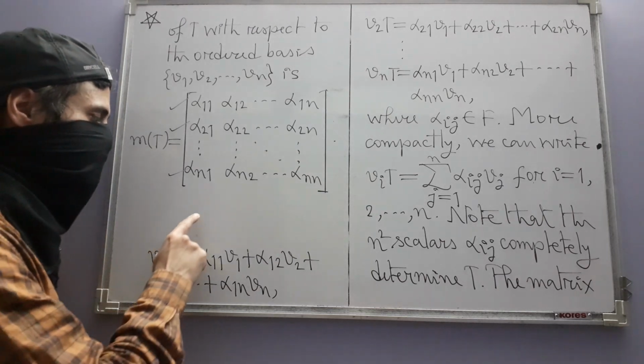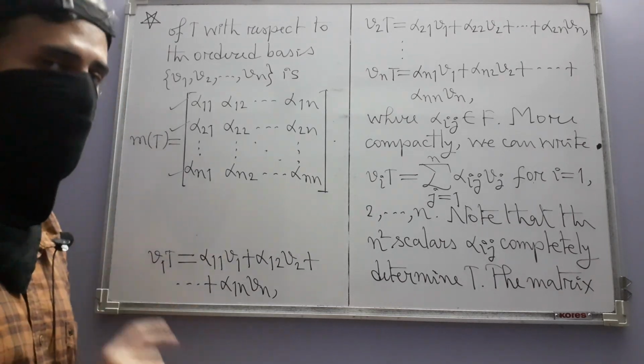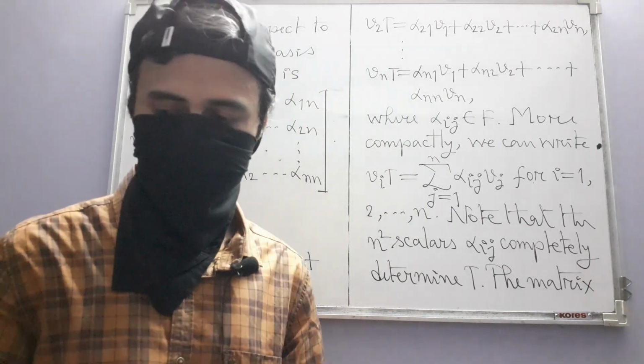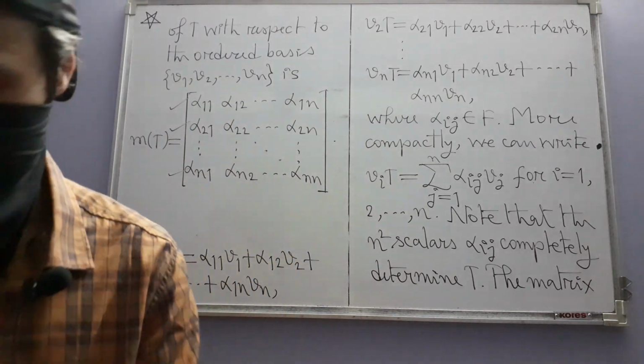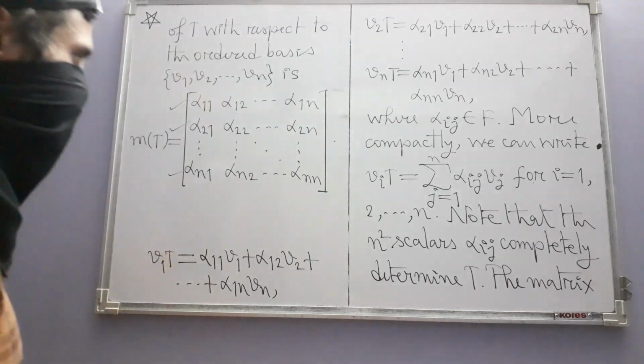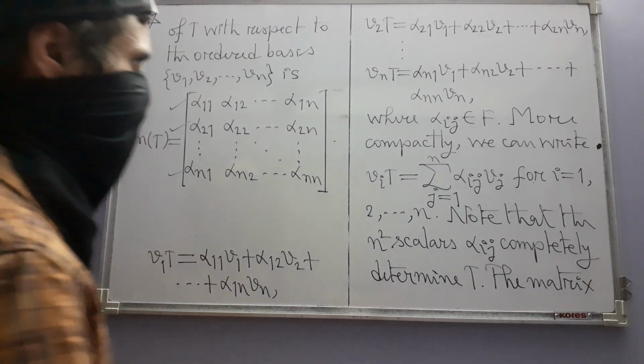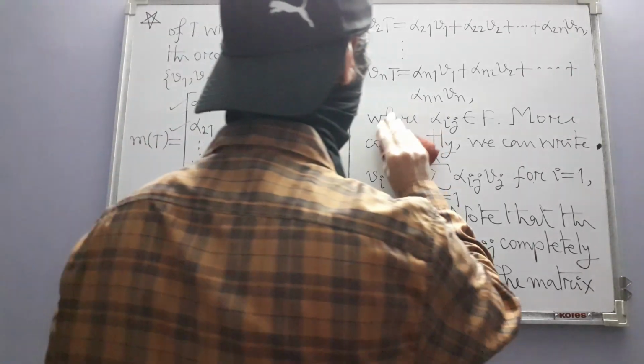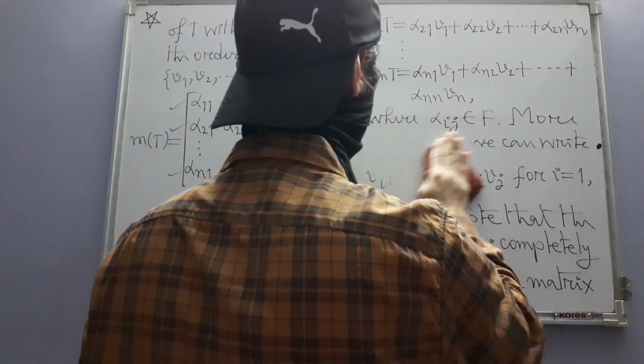But here I must say something else also, which is not there in the text. Understandably, there is no need for the author to say this next thing that I am now going to say. And for that, let me just keep the equations and make some space here.